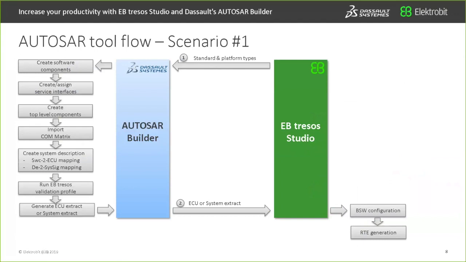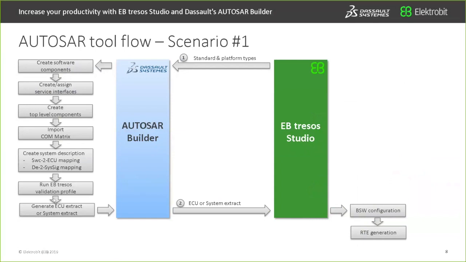And then you need to define the mappings, like software component to ECU mapping, which describes which software component will be executed at the end on which ECU, and then the data element to system signal mapping, where you actually map your communication matrix over your software architecture.